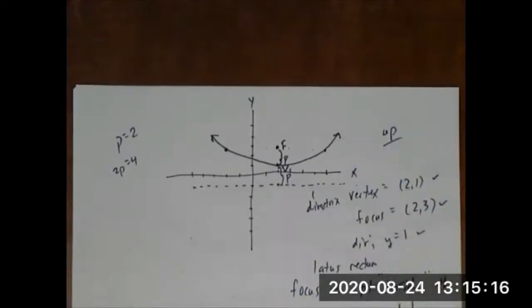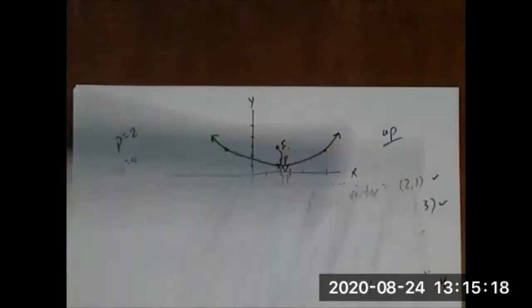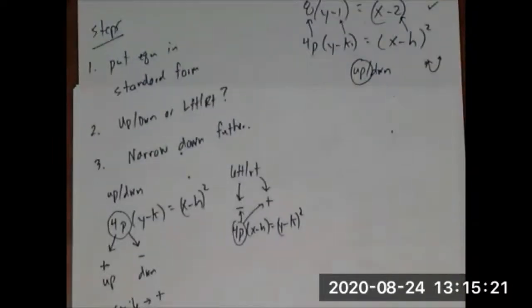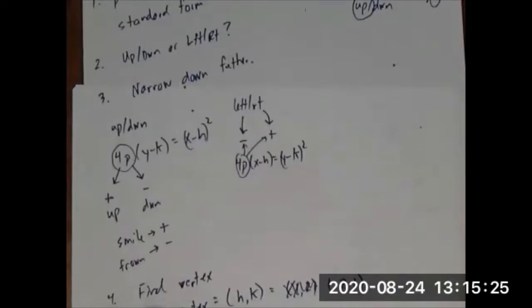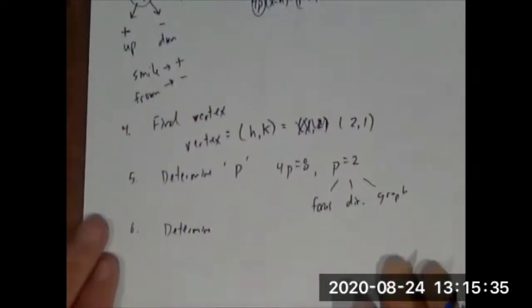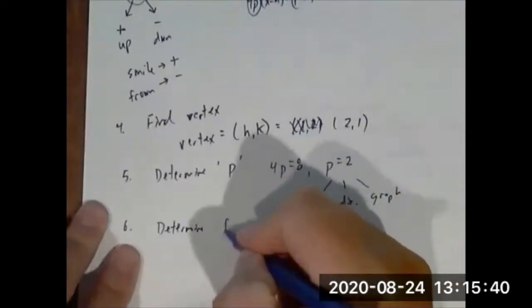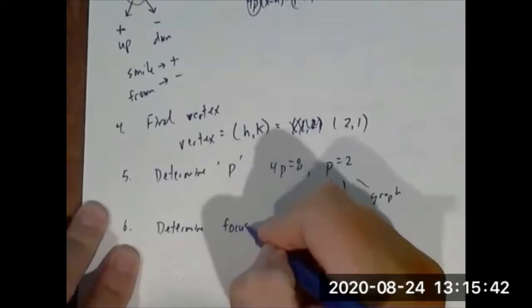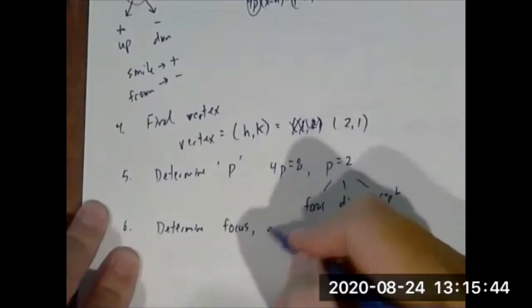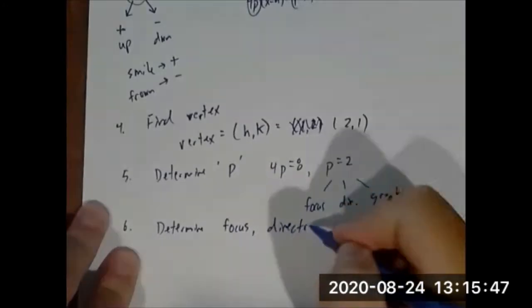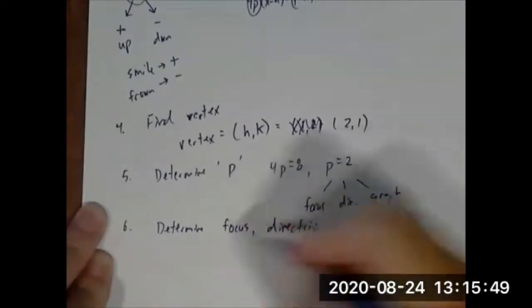I guess I didn't finish. Did I finish my steps here? If you want to have the steps: once you determine p, then if you remember, we were able to determine the focus and the directrix pretty easily by moving the distance p.